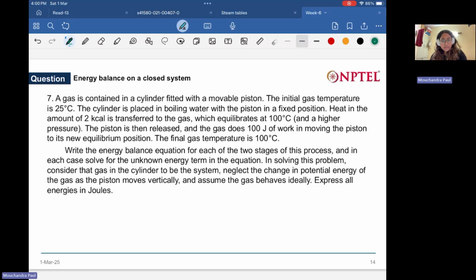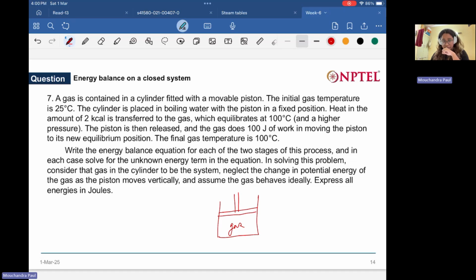So there is a gas that is contained in a cylinder fitted with a movable piston. So it looks something like this. It's a cylinder with a moving piston and there is gas inside it.